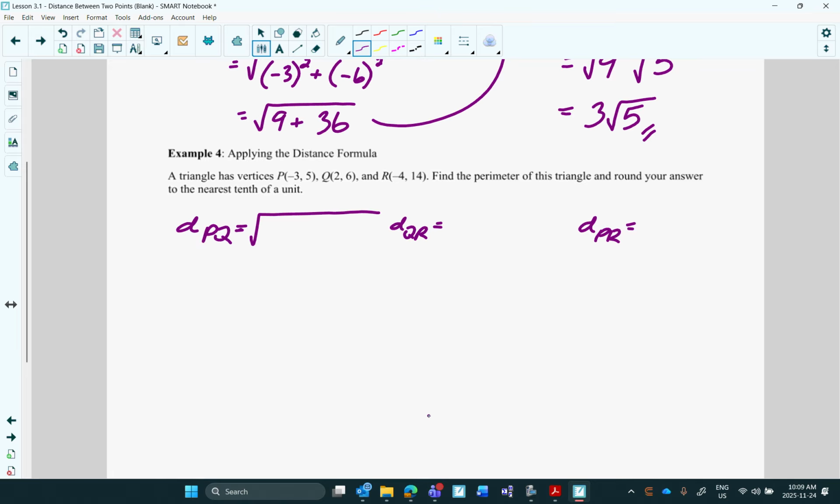So let's look at the coordinates of P and Q. What's the second x? 2 minus the first x, which is -3. So that's going to become plus. Square. Plus, what's the second y in PQ? 6 minus 5.